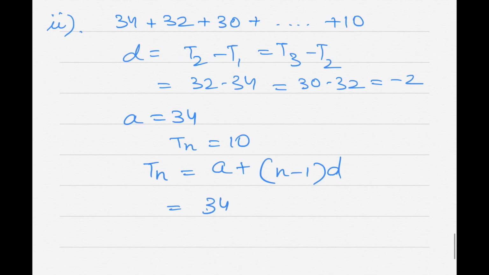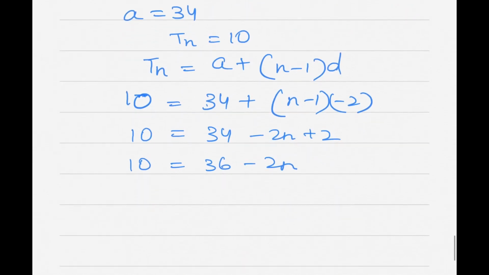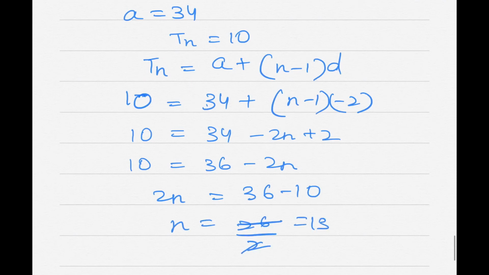So a is 34, Tn is 10, so 10 is equal to 34 plus n minus 1 into minus 2, which is 34 minus 2n plus 2. So 10 is equal to 36 minus 2n. Let 2n come this side and 36 minus 10. So n is equal to 26 by 2. So I get 13 here. So my n is equal to 13.